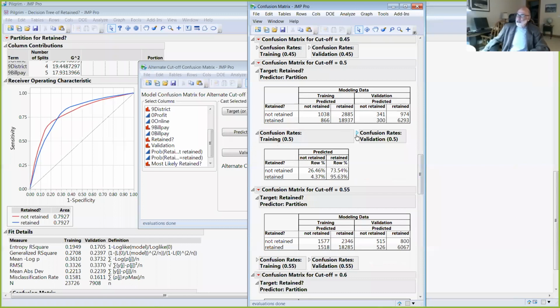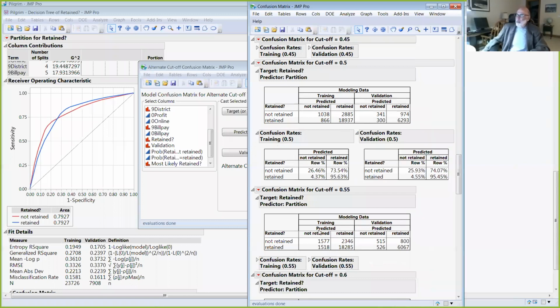It's probably easier to think about percents. So here are the errors at 50%. We've got 4% of the customers that we actually retained, but we didn't think we would retain. But 74%, these are row percents. So of the customers actually retained, we predicted 95% would be retained.